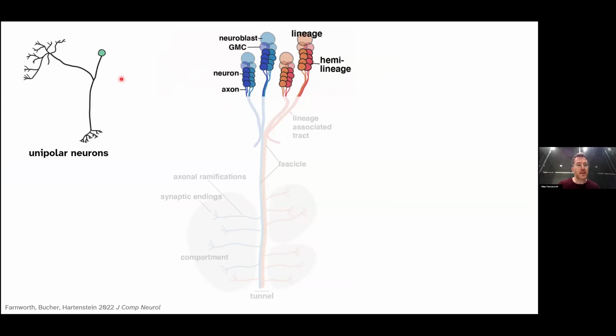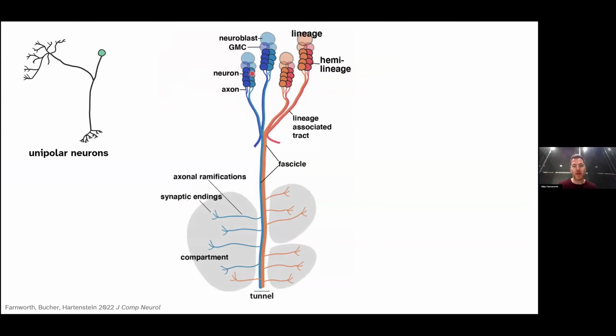But what is curious is that all these different offspring neurons stay clustered together with the somata, but also with the first tracts that they produce, which means that we have so-called lineage-associated tracts, which also means that we have an anatomical correlate that indicates developmental relatedness, right?